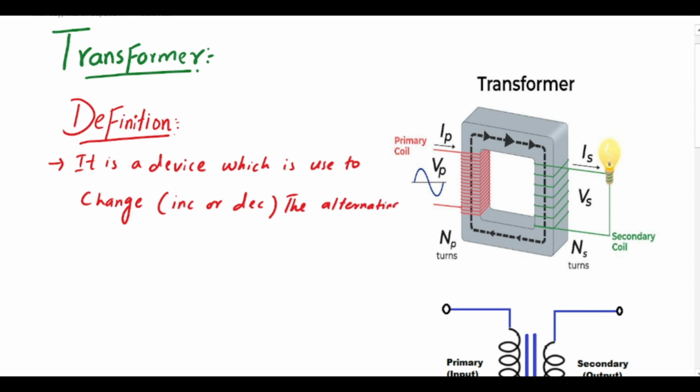So transformer is a device which can increase or decrease alternating voltage.